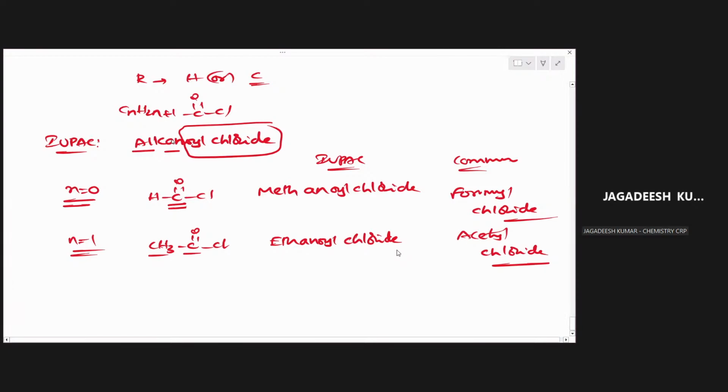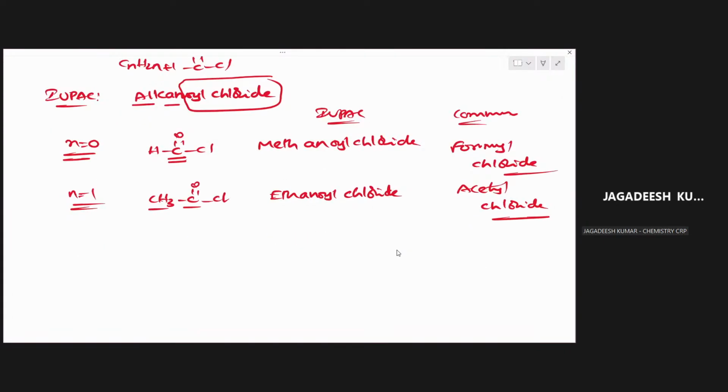Alkyl, sir. Yes, alkyl. So alkyl means what I told you. In alkyl, we have to remove one hydrogen. The alkanes general formula is CnH2n+2. So how many hydrogens here? 2n+2.